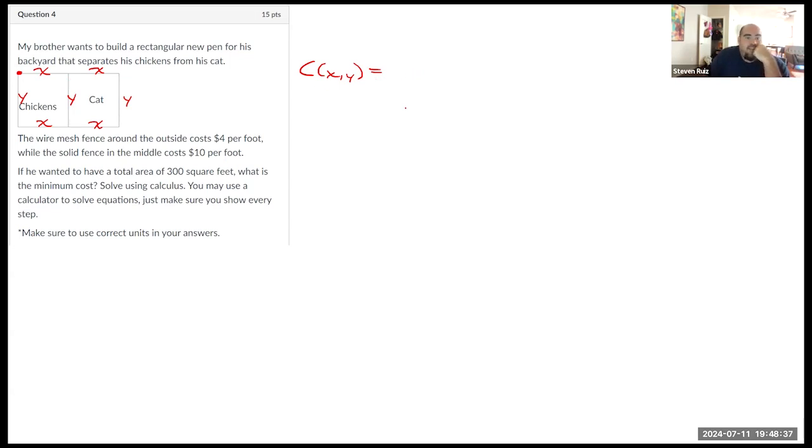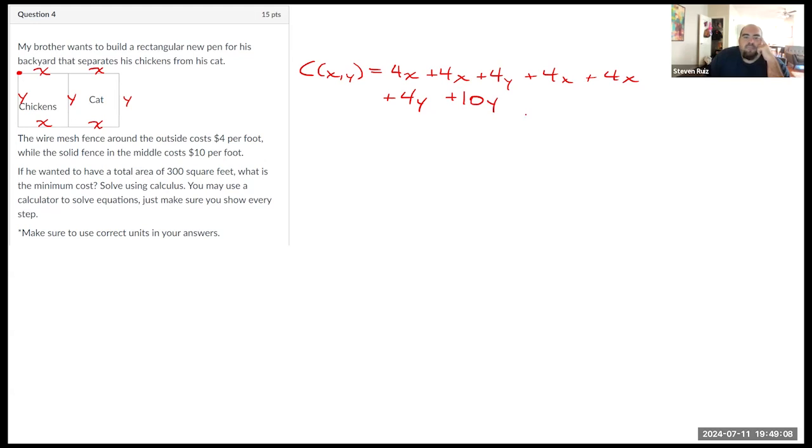So this first x, that's around the outside, so that's $4 per foot, plus another x, $4 per foot, plus a y, $4 per foot, plus 4x, plus 4x, plus 4y. So all the lengths around the outside of this pen are going to be $4 per foot of length. But then we still have to add in the solid fence in the middle that costs $10 per foot.